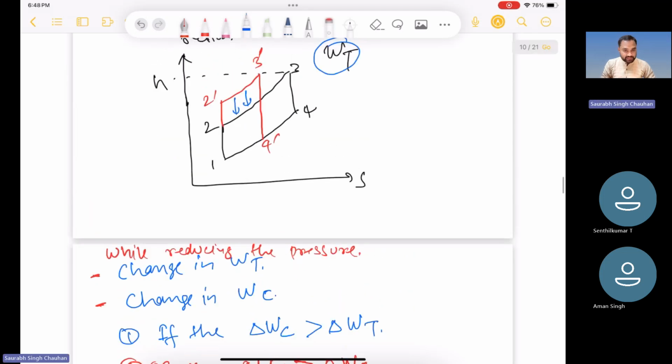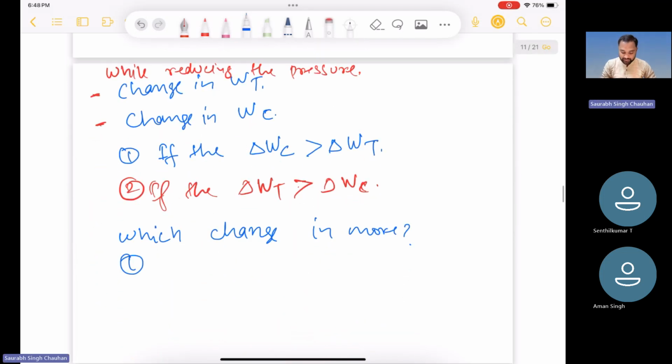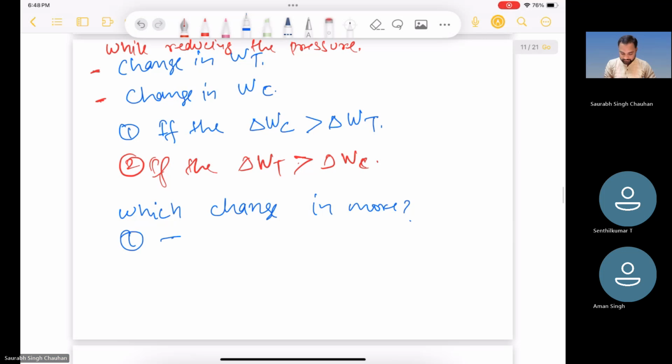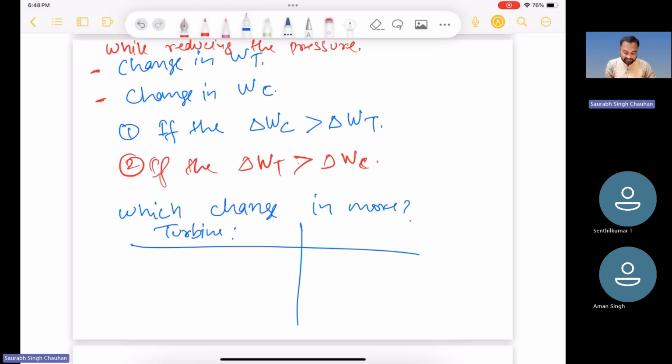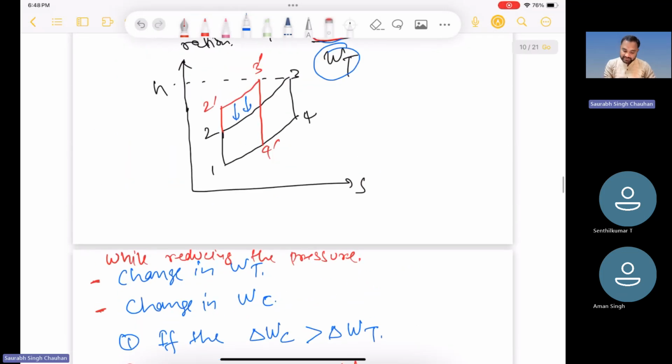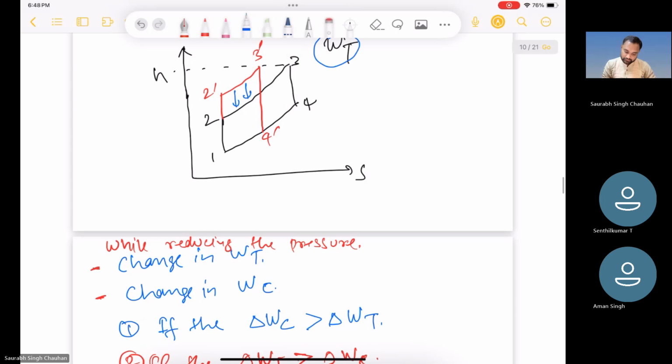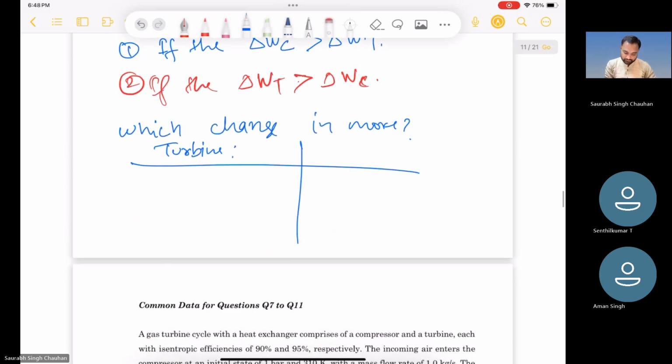So first of all, let us check the change in turbine work. In the turbine, initially it was H3 dash minus H4 dash, right?